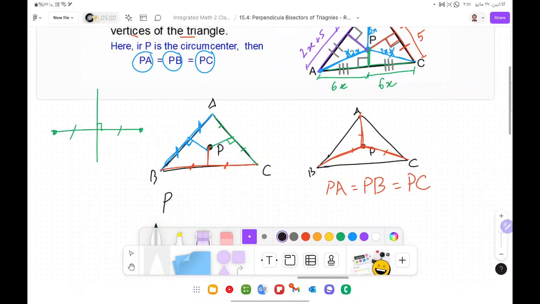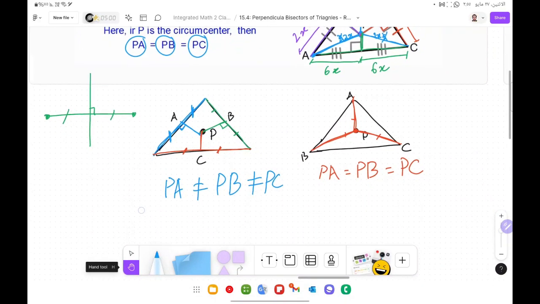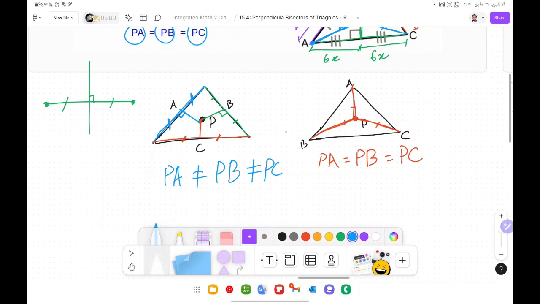So as you can see, these three points: let's say this is A, this is B, this is C. Now if I ask you about PA, it's not equal to PB, and it's not equal to PC. So when we have a perpendicular bisector, look at the difference between these two triangles.